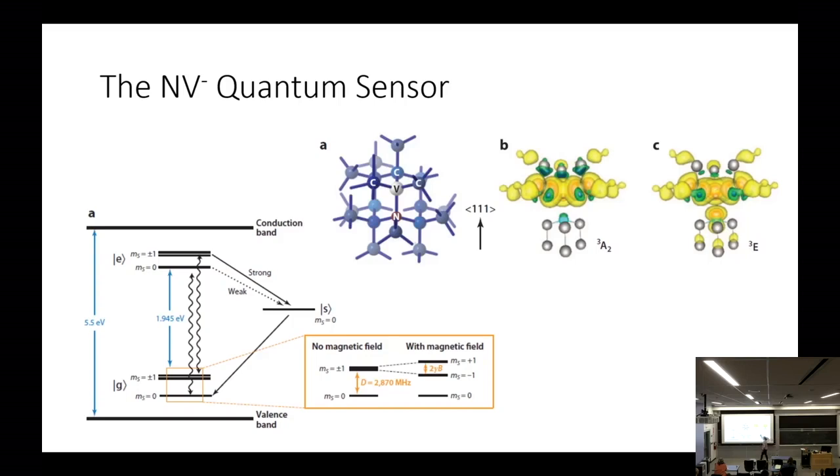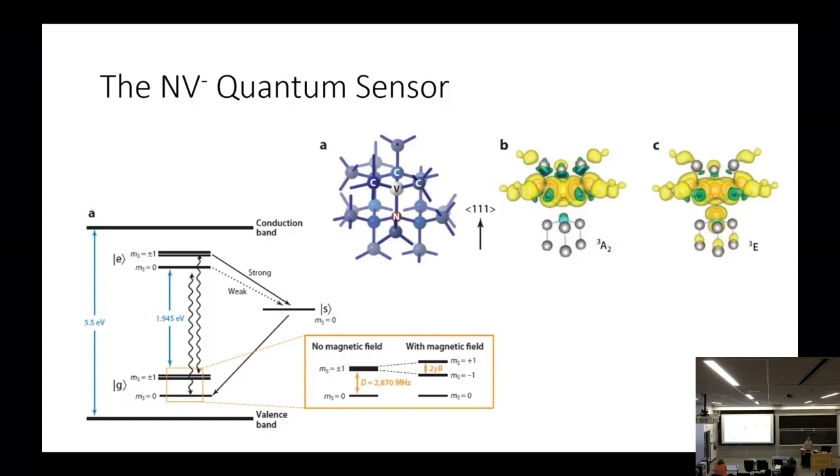So you can see here the nitrogen vacancy vector is oriented pointing up. And what's kind of cool is that in both the ground and excited state, the majority of the electron density is sitting above the nitrogen, in the plane of those 3 carbons that have the dangling bonds that support the vacancy.